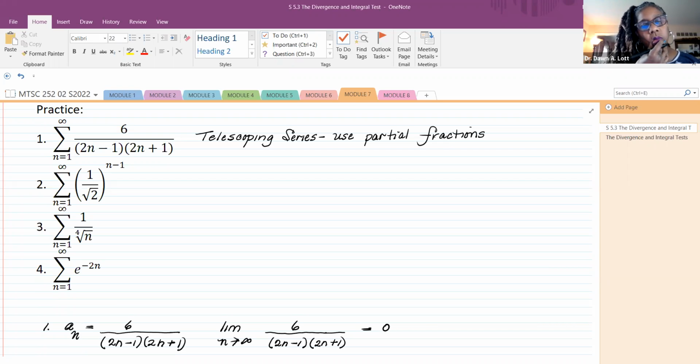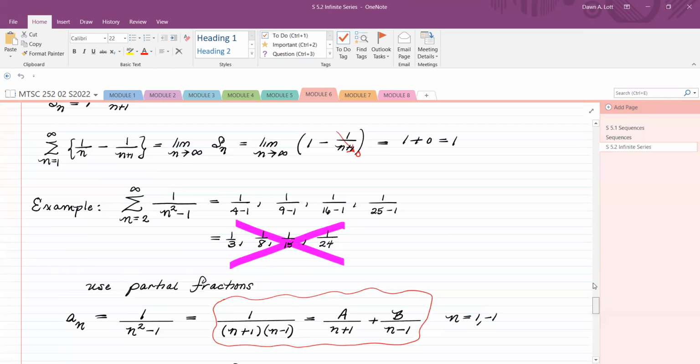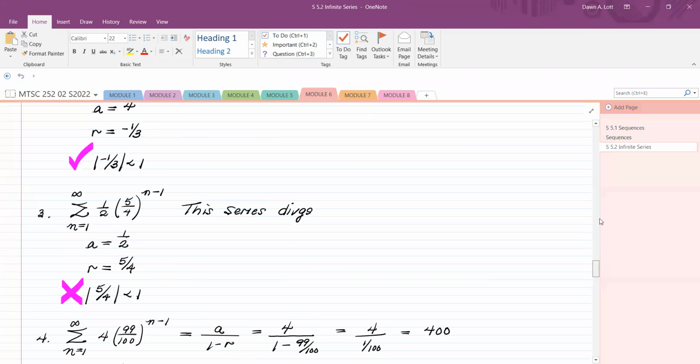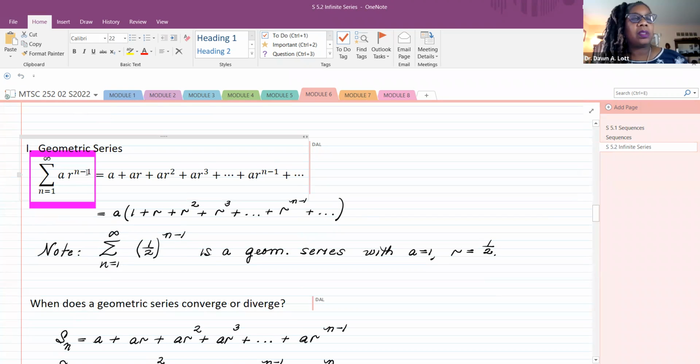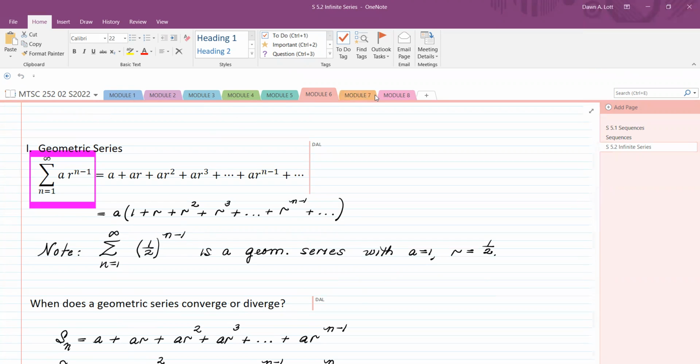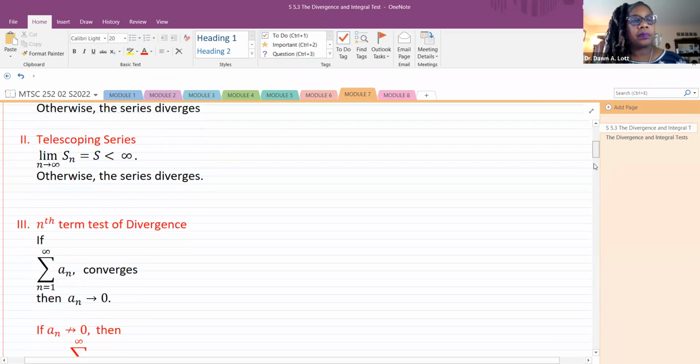I'm seeing an n term. So is it an nth term? The n to the minus one? Okay, which one has the n minus one? Geometric. I'm sorry. Yup, that one's a geometric series.